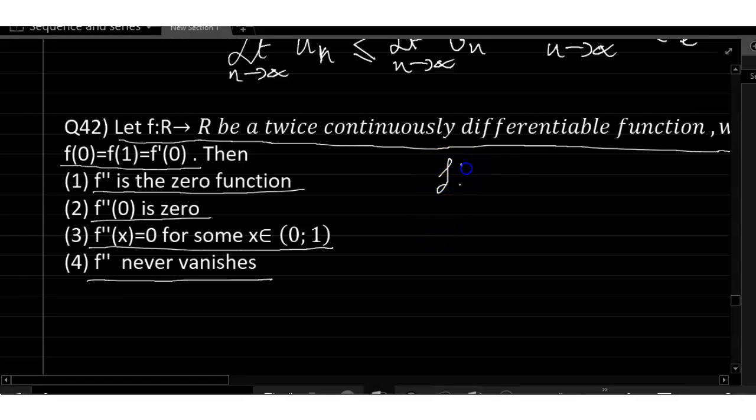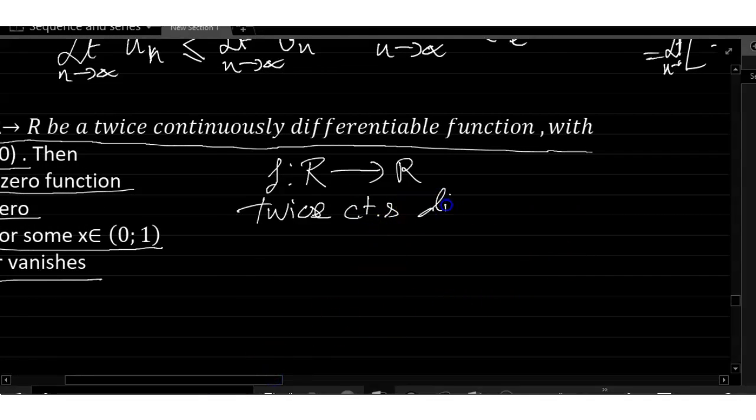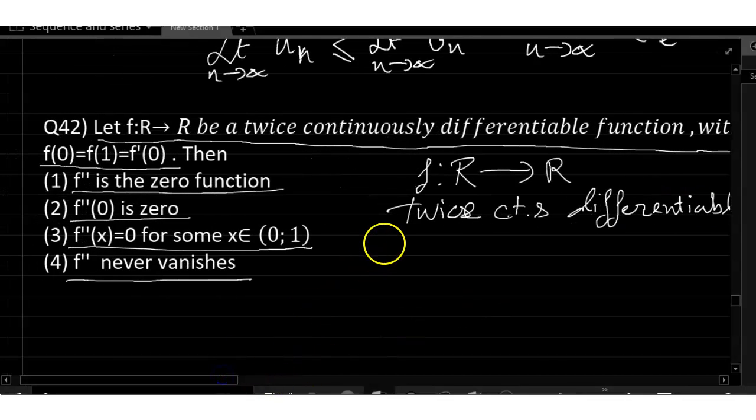So f such that R tends to capital R is a twice continuously differentiable function.